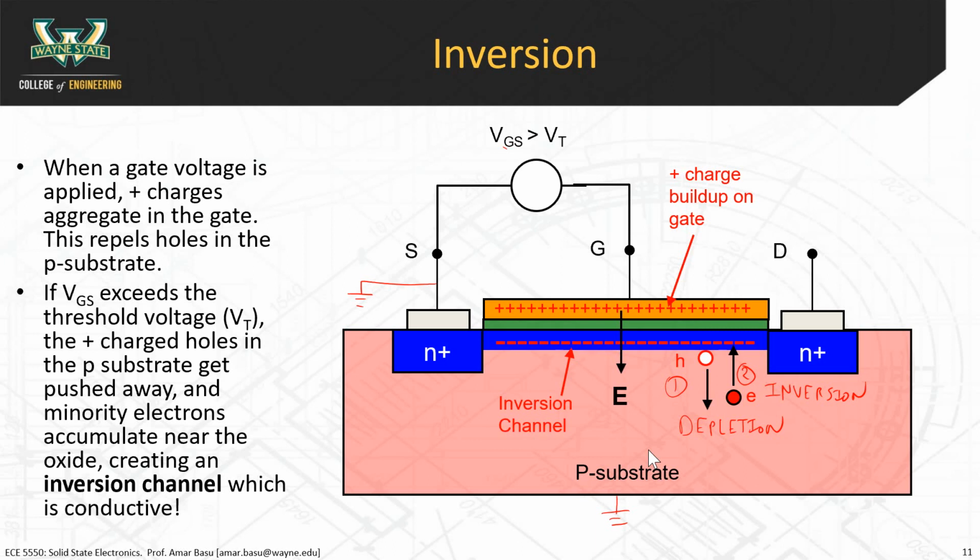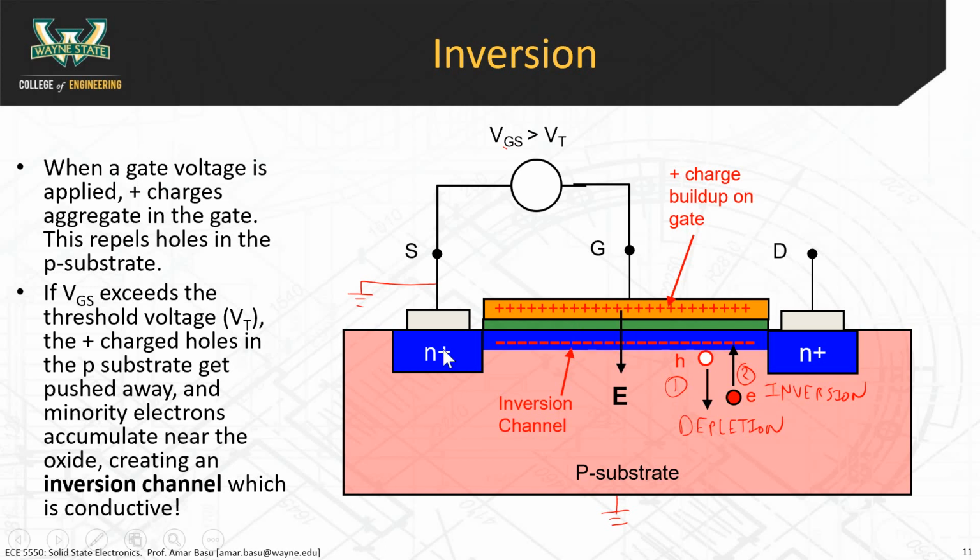We started off with a P-type material. We drove the holes away, we pulled in electrons, and now effectively we've switched it from a P-type material to an N-type material just by adding a voltage. And this effect happens within nanoseconds, even faster. Depending on your gate voltage and gate thicknesses, it can happen much faster than that.